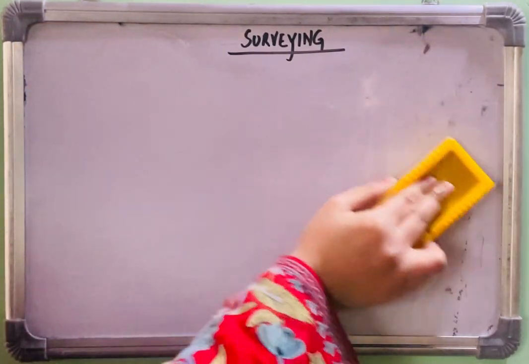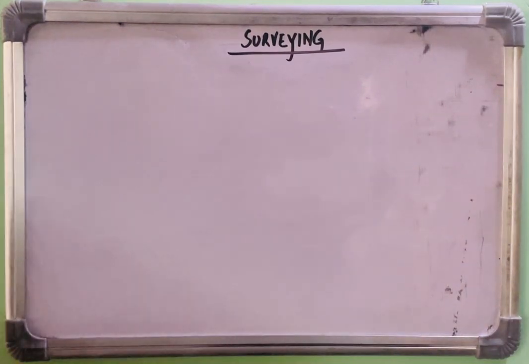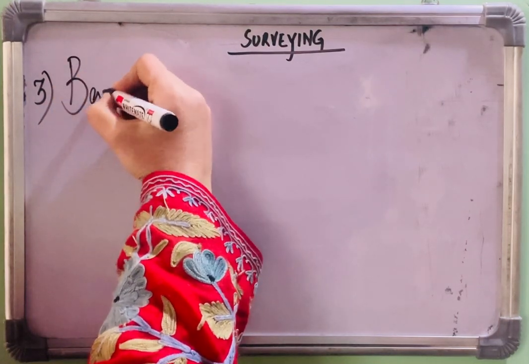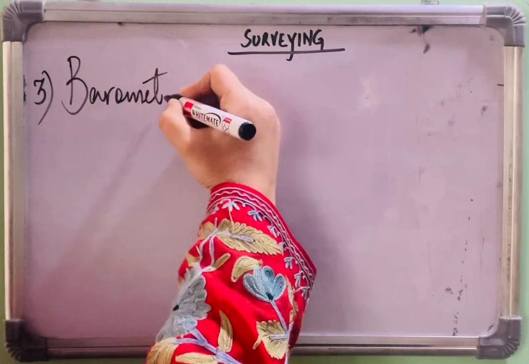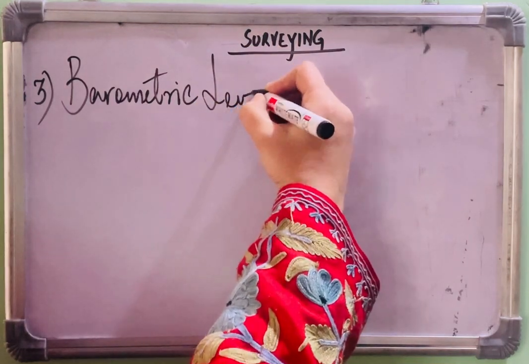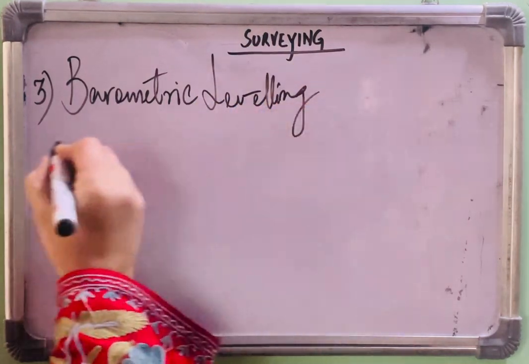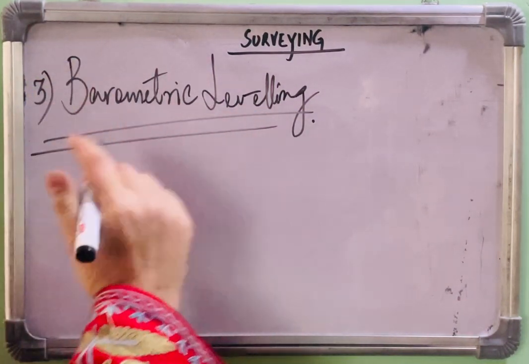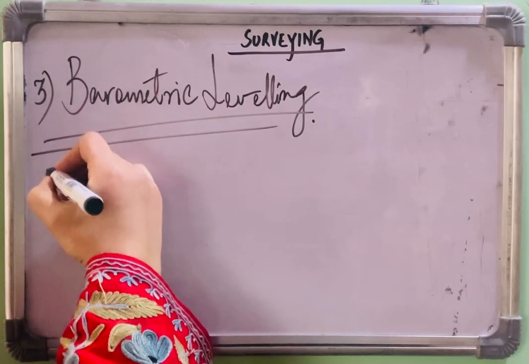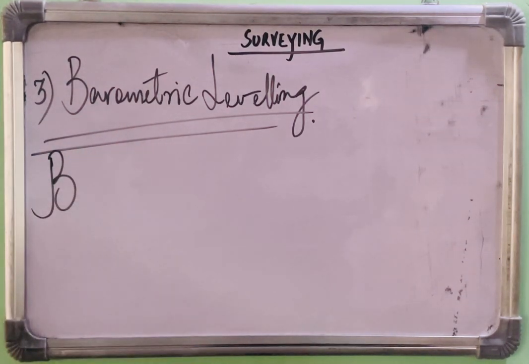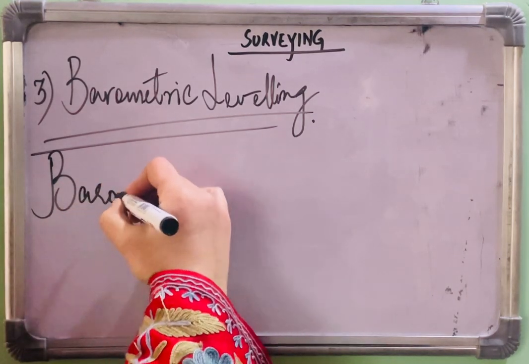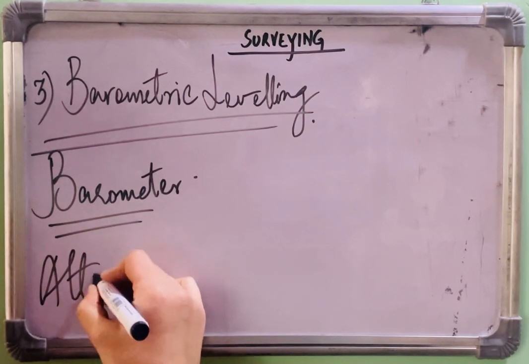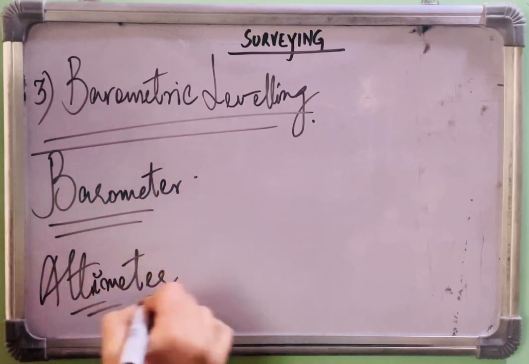The last one is barometric leveling. In this method, we make use of an instrument known as barometer, and more specifically called an altimeter.